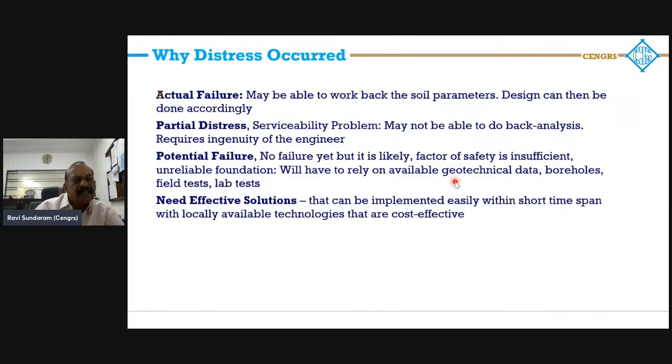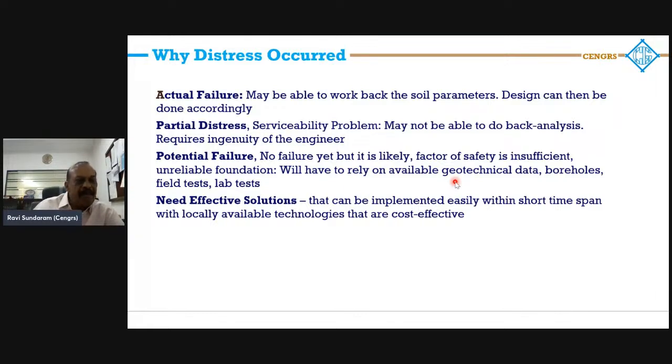Most important thing is to find out why distress occurred or is likely to occur. If there is an actual failure, you may be able to work out the soil parameters, do a back analysis, and then the design can be modified accordingly.